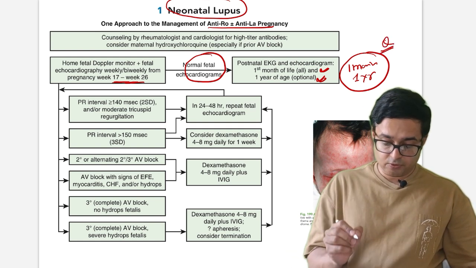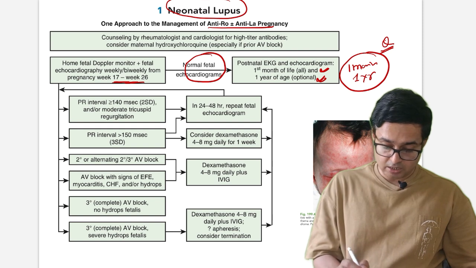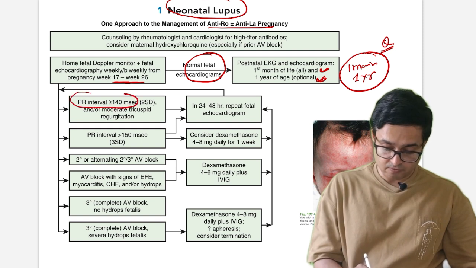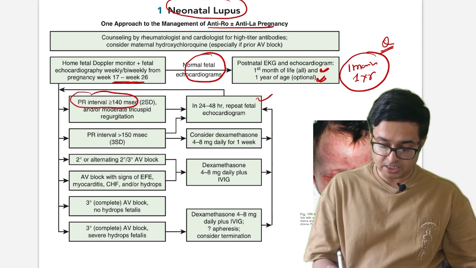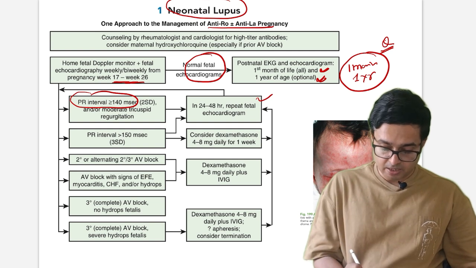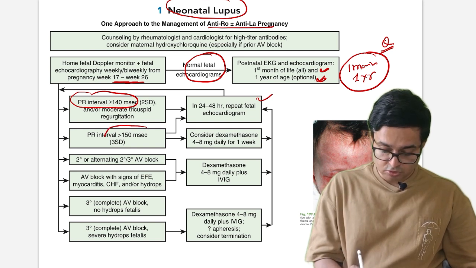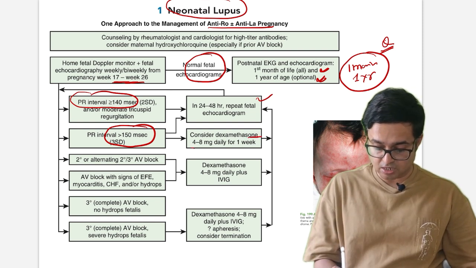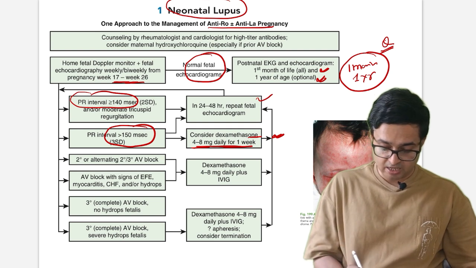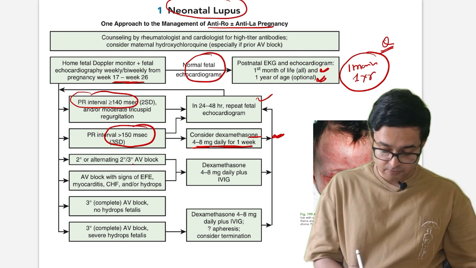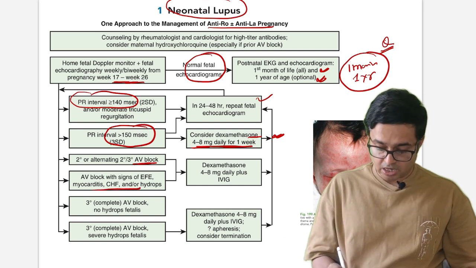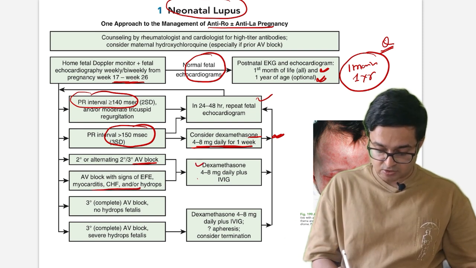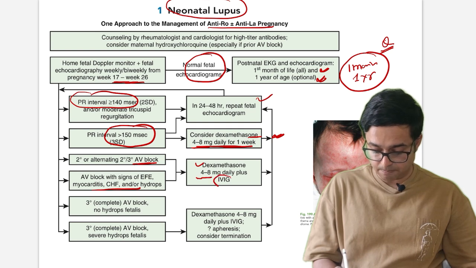Okay, if it is not normal, your PR interval is more than 140, then you have to repeat the fetal echo first. But if your PR interval is more than 150, what will you do? Start dexamethasone 4 to 8 mg daily for 1 week. But important, if you find AV block or signs of CHF, you have to give dexamethasone 4 to 8 milligram daily plus IVIG.